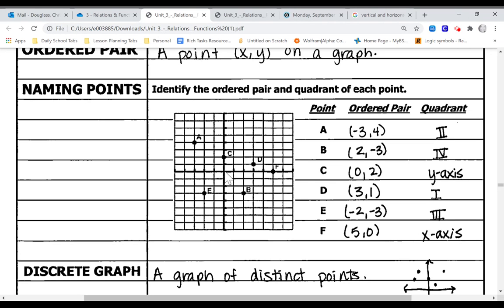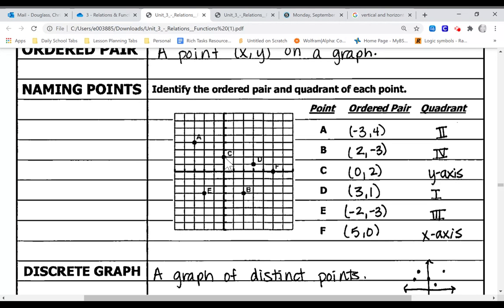For point C, we don't move left or right at all. So that's why C has an x-coordinate of 0. We only move up 2 units. Remember, the first coordinate tells you how far to move left or right, and the second coordinate tells you how far to move up or down from the origin.